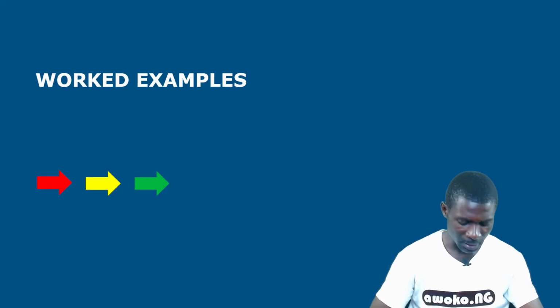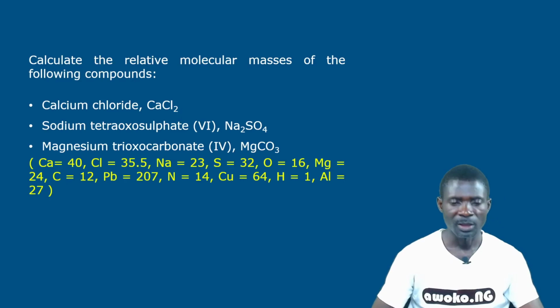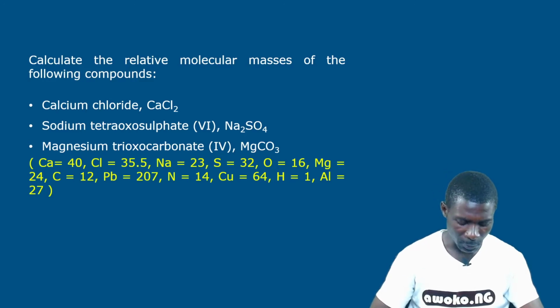So now let's take a look at some worked examples on how to find the relative molecular mass of compounds. Let's take a look at the first question here. Calculate the relative molecular masses of the following compounds. The first compound we have here is calcium chloride.